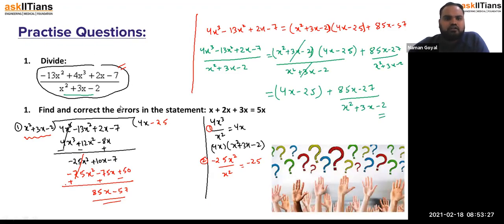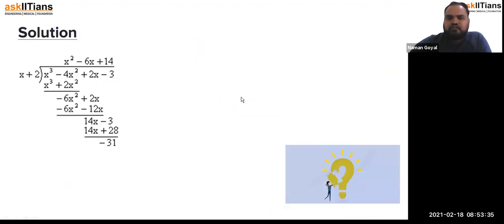Now next question is what? Find and correct the error of this statement. See, in the question it is given that x plus 2x plus 3x is 5x.